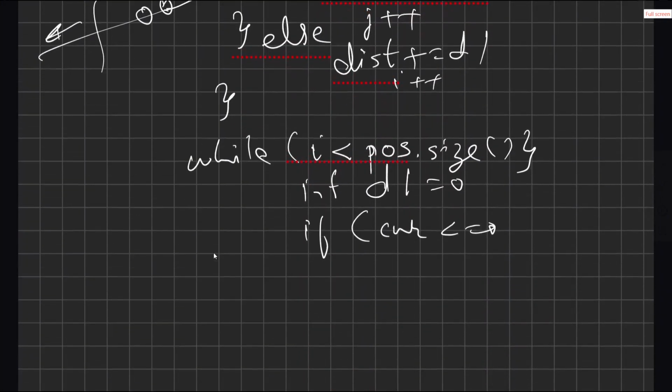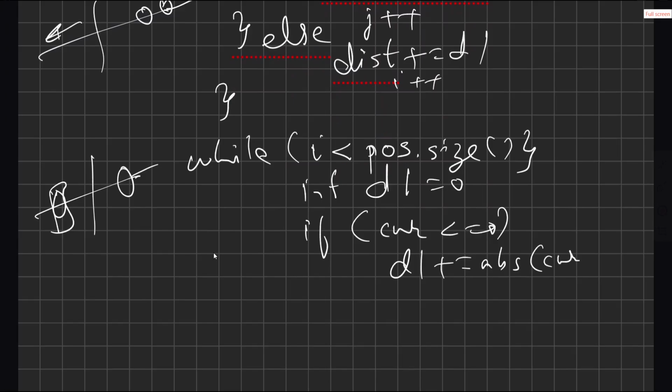If current is less than or equal to 0, it's like current is here. I mean Takashi is here and he's picking up this one. So in your distance 1, you are going to add the absolute value of your current, because current is negative, plus positive of i.